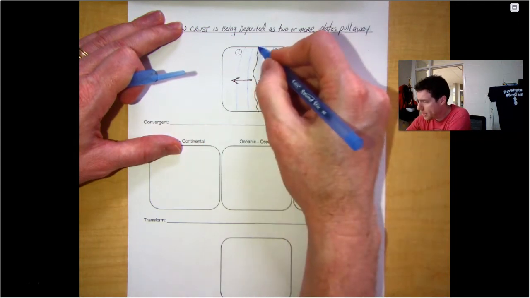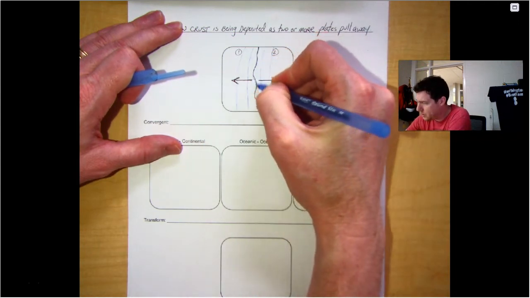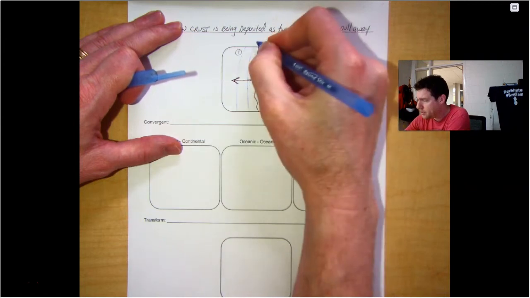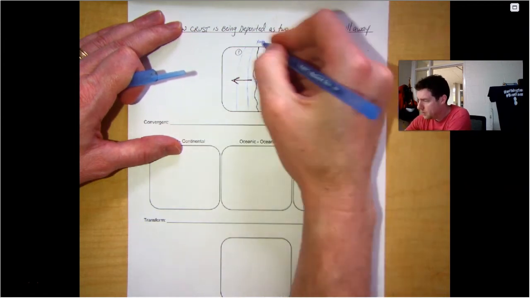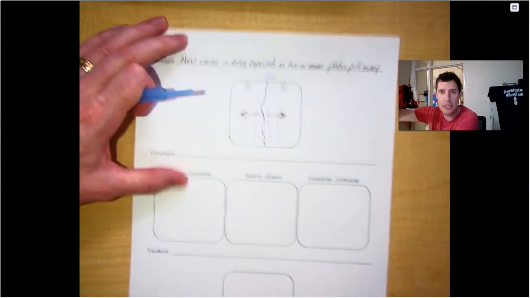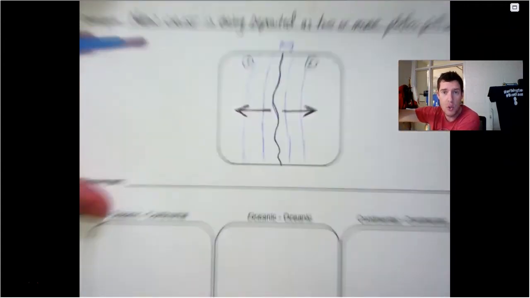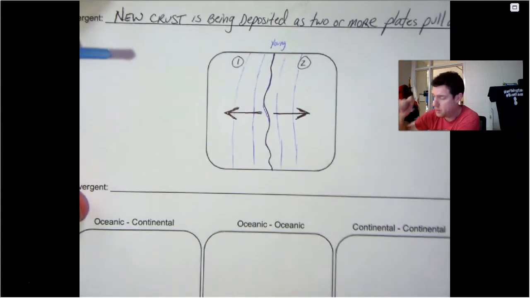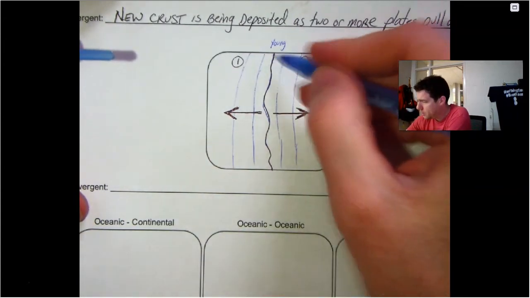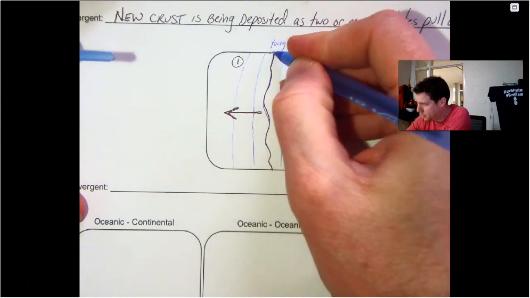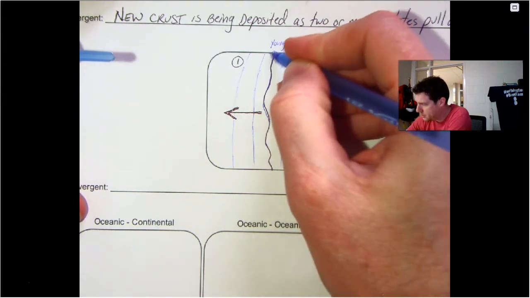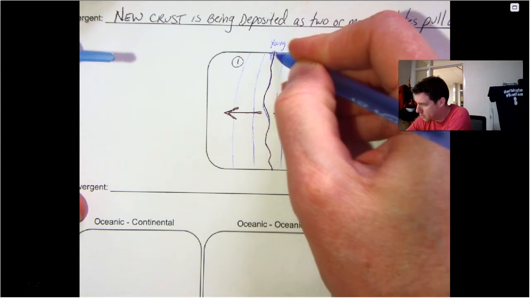So right in here, right on this boundary and closest to it, that's the very newest or the youngest rock, the new crust. That's the youngest. So when the eruptions erupt, they kind of come out both sides like this, and they deposit new crust right here on either side.